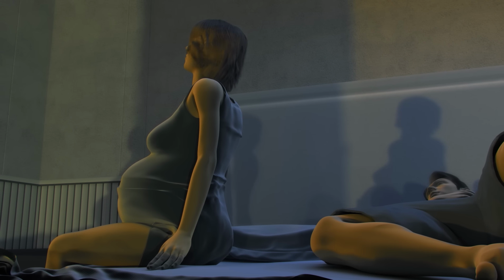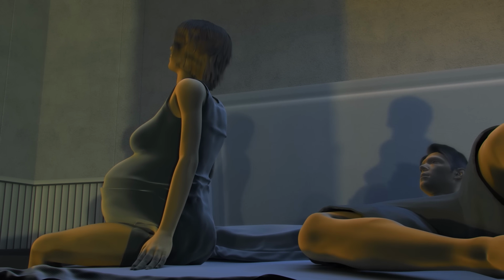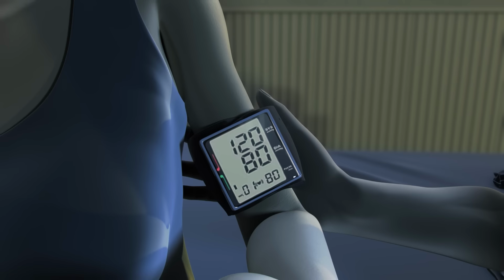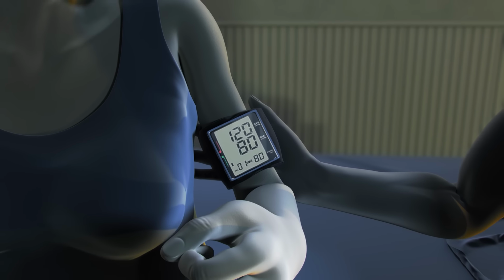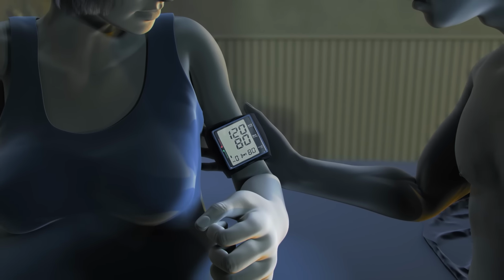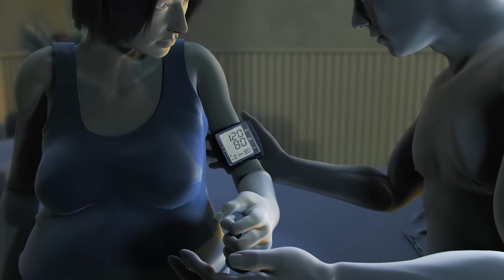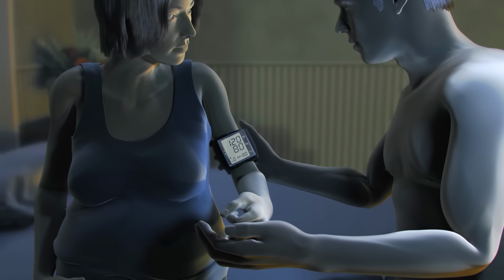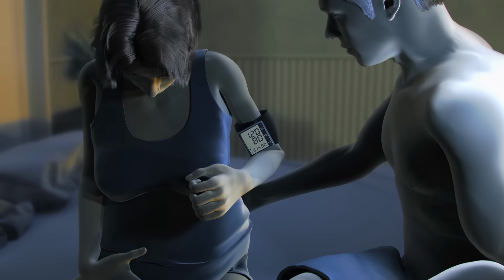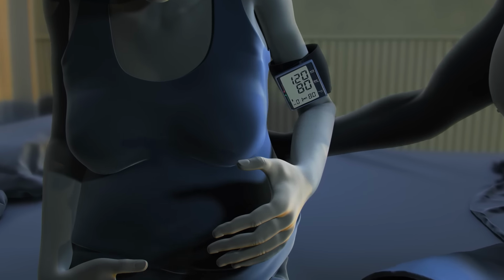These factors can take a significant toll on the mother's mental well-being. Additionally, the risk of gestational hypertension and gestational diabetes increases. Braxton Hicks contractions become more frequent and may be mistaken for real labor.